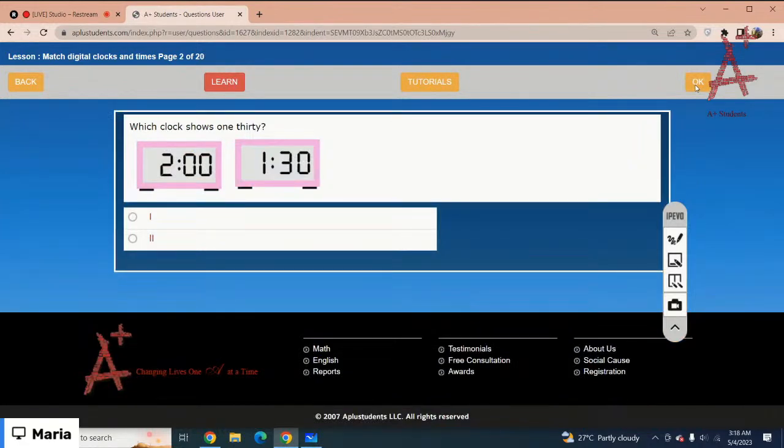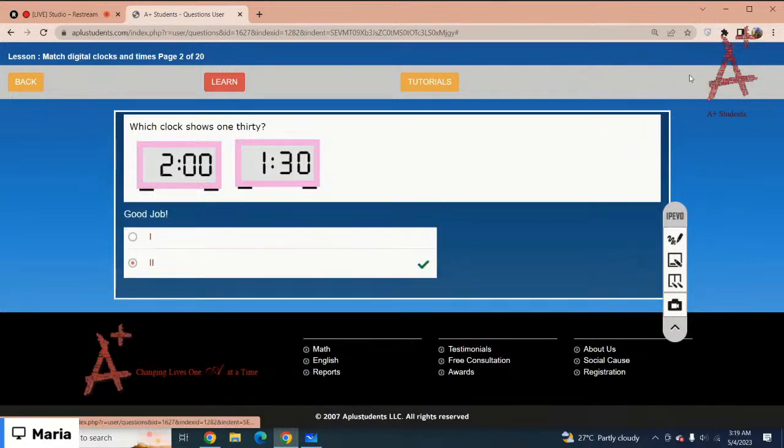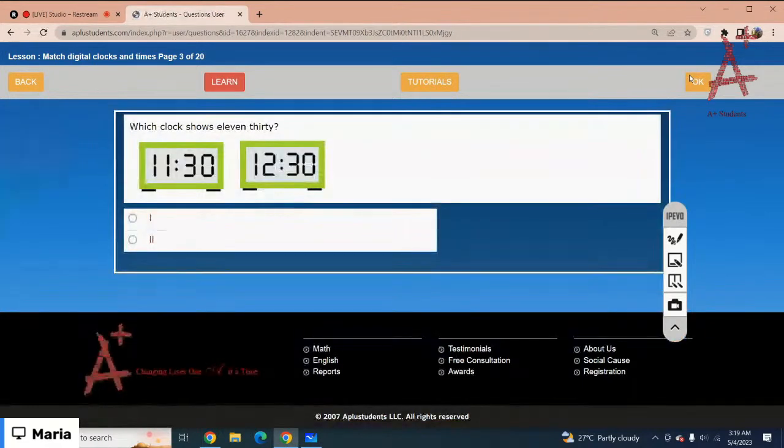Okay, which clock shows 1:30? Which is the correct option? 1 or 2? It would be the second one. It shows 1:30. Which clock shows 11:30?